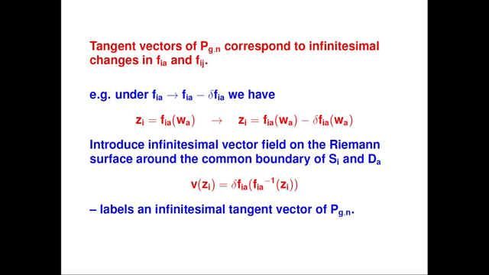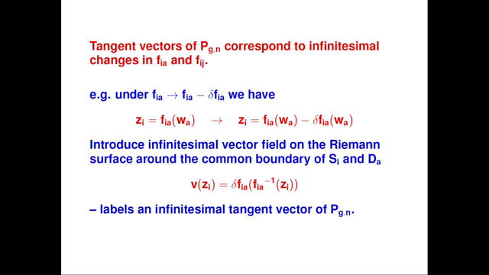So tangent vectors of PGN will correspond to infinitesimal changes in these functions, right? Because what the tangent vectors correspond to is small, infinitesimal motion in this space PGN. So for example, let us suppose that we change Fia by a small function delta Fia.